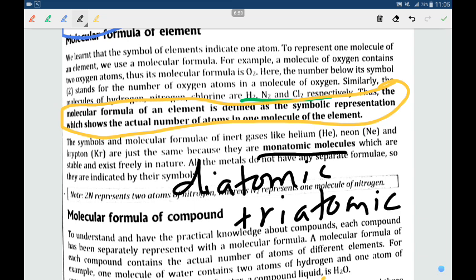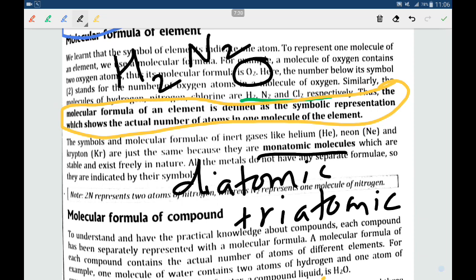Monoatomic molecule means the molecule which contains only one atom in it. The molecules containing two atoms in them are called diatomic. Examples of diatomic are O2, H2. There is 2, 2 means di, no? If the molecule of element contains only one atom, that is monoatomic.